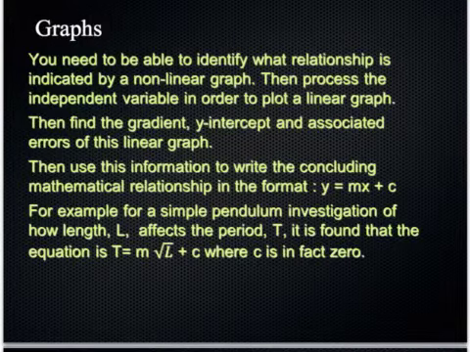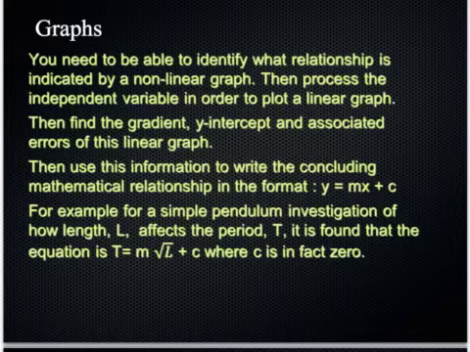Now, for plotting graphs, you need to be able to identify what relationship is indicated by a non-linear graph. So there are several different curves you need to become familiar with. Once you know the type of relationship, you need to process the independent variable, for example, the length of a pendulum, in order to plot a linear graph.